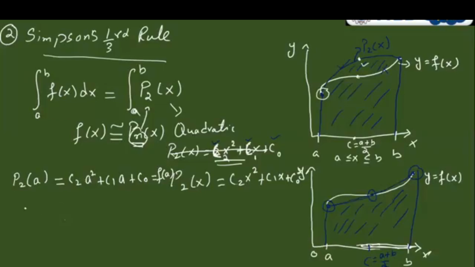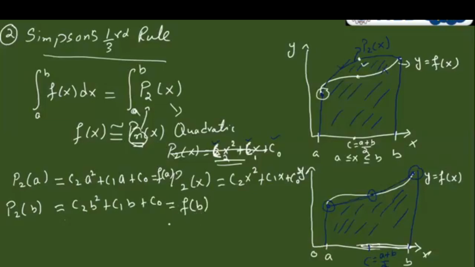The second condition that I will obtain is by using p of 2 at b. So C2, I will replace wherever x is by b: C2 b square plus C1 b plus C0. And this must be equal to the value of the integrand at the upper limit.